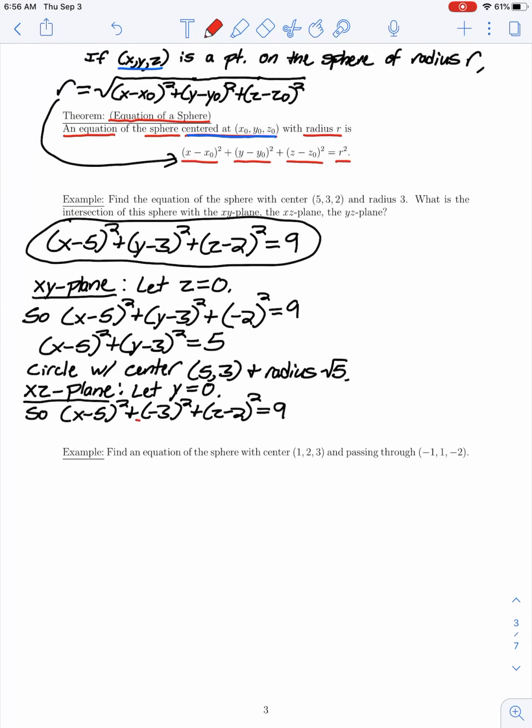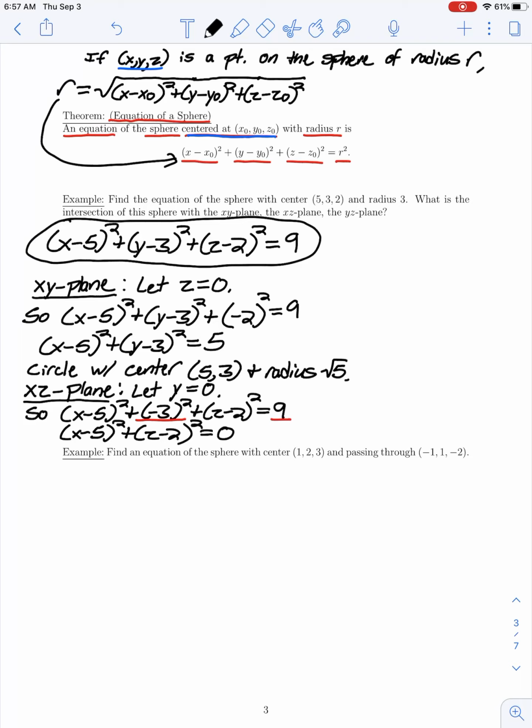Grouping our constants, on the left-hand side we would have (-3)², which is 9. We had 9 on the right-hand side, so if I subtract 9 from both sides, I would have (x - 5)² + (z - 2)² = 0.